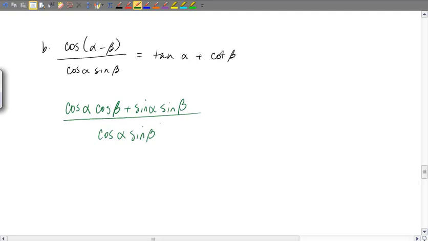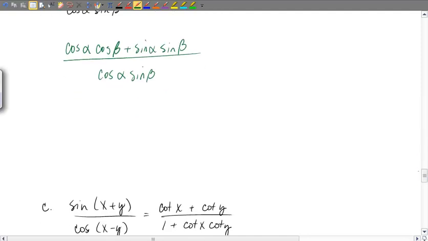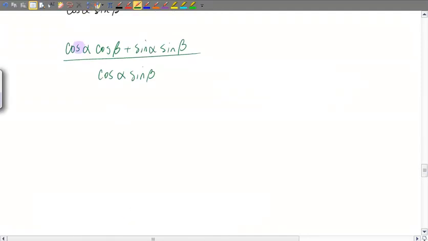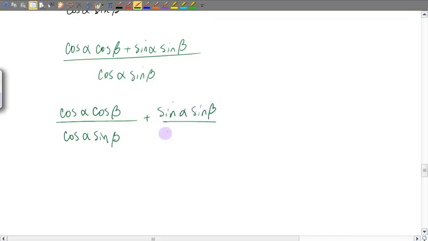Well, the next thing I probably want to do is break this up as 2 separate fractions. Notice that I'm adding in my numerator here, so I can rewrite this as the cosine of alpha cosine of beta over this denominator, cosine alpha sine beta, plus sine alpha sine beta over that same denominator, cosine alpha sine beta.